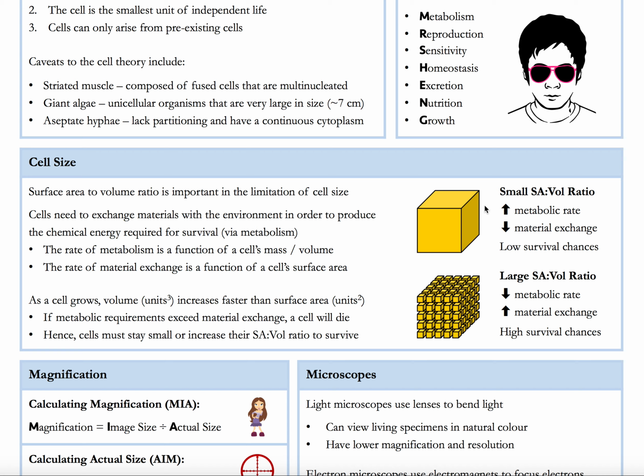When a cell becomes bigger, there's not enough surface area, which is represented by the cell membrane. There's so much cytoplasm, that's the volume, but the exchange of waste and nutrients is quite slow. So the cell could die quicker because it's not able to support its functions.